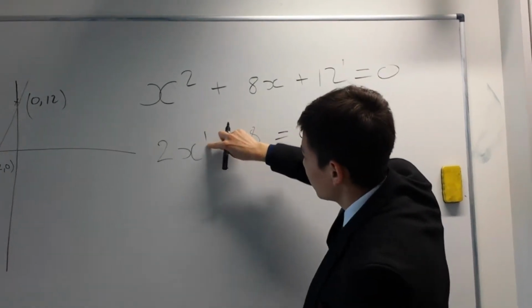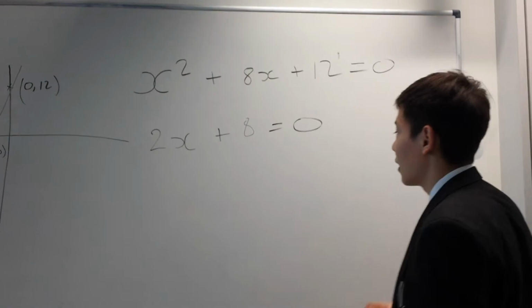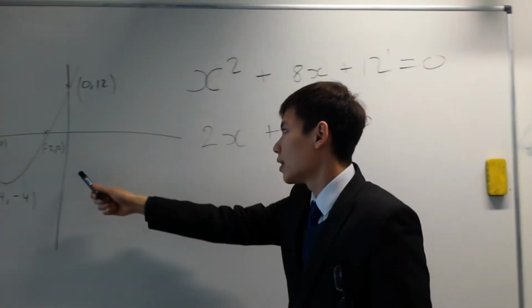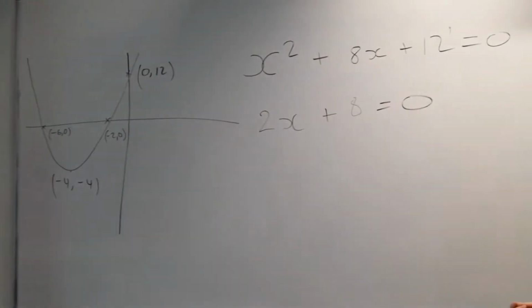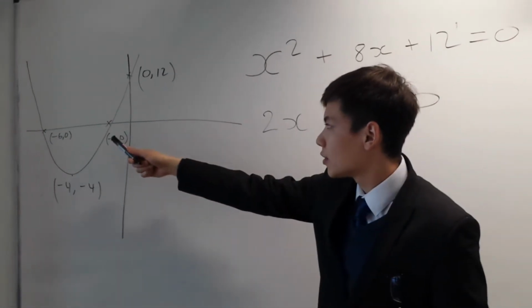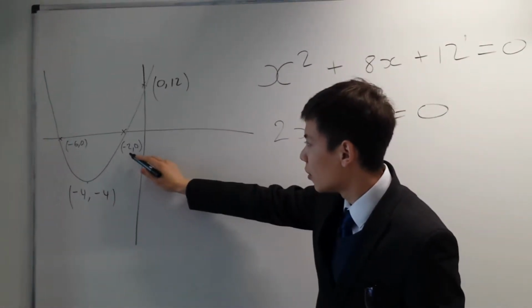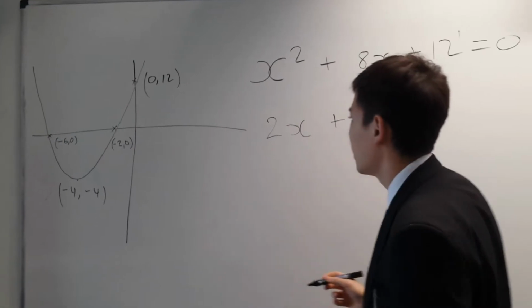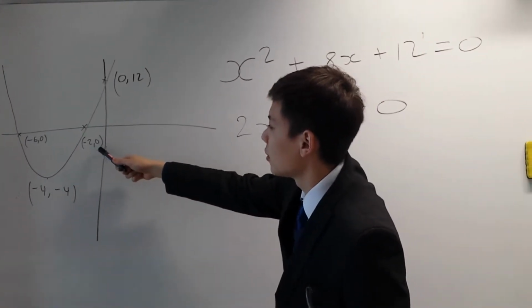And we know 2x is always raised to the power of 1, as is everything. And I've already drawn the graph here. So we can find the gradient at any point on this graph. So if we take the value of minus 2, we can find the gradient of this curve at the point minus 2, 0.